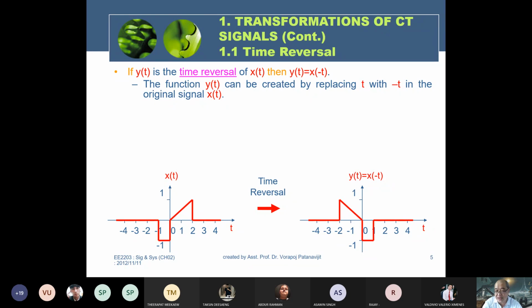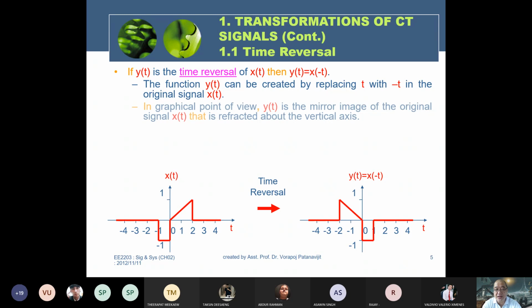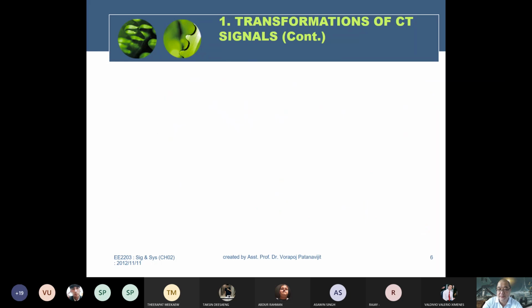That is shown in the slide. You can see that you flip them with respect to the vertical axis. Graphically, y(t) is the mirror image of the original signal x(t), reflected about the vertical axis. The application of the time reversal is the calculation of convolution.